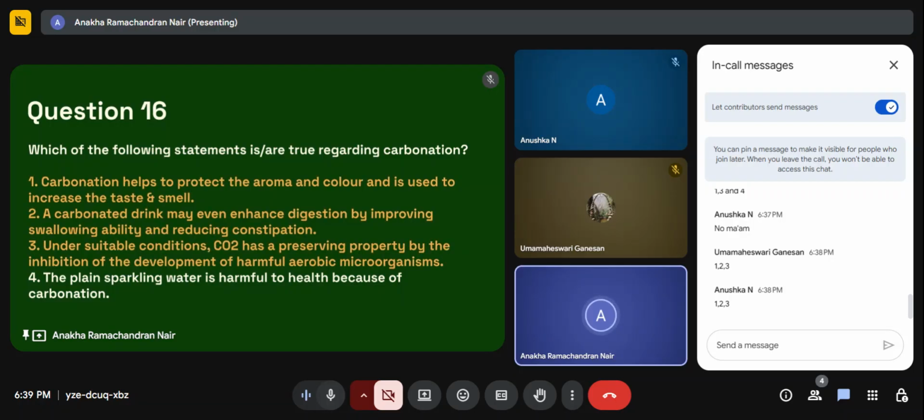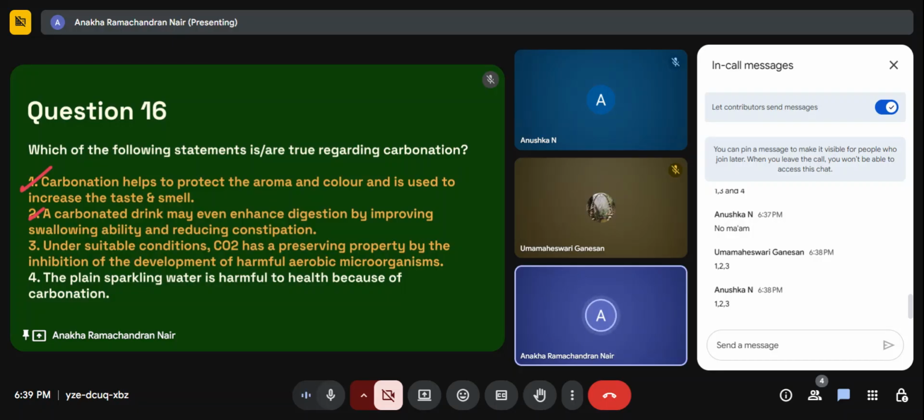So let's see what the answer is. Yes, 1, 2, and 3 is correct. Carbonation does help protect the aroma, color, and is used to increase the taste and smell of liquids. A carbonated drink may even enhance digestion by improving swallowing ability and reducing constipation.